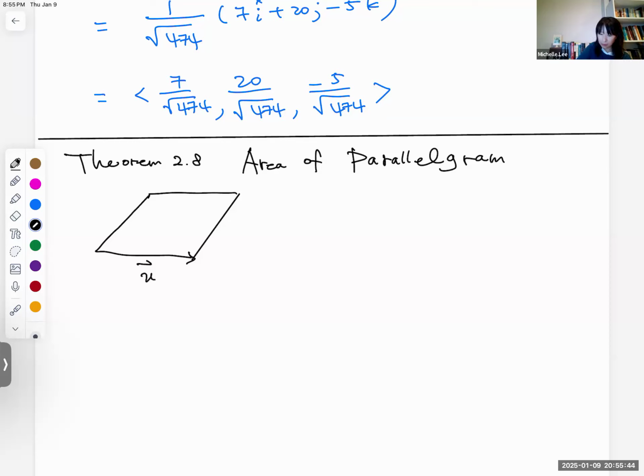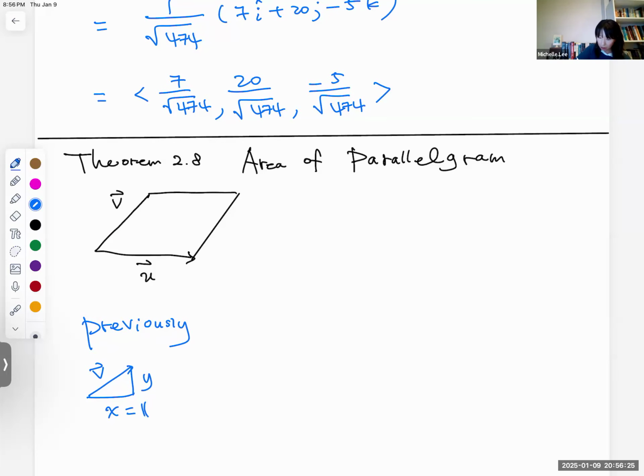This is U, this is V. Previously we used vector V with components X and Y. Normally V is R, and X equals the magnitude of V cosine theta, Y equals the magnitude of V sine theta.